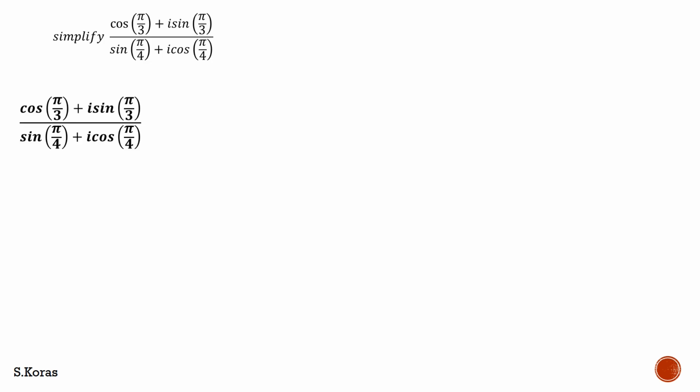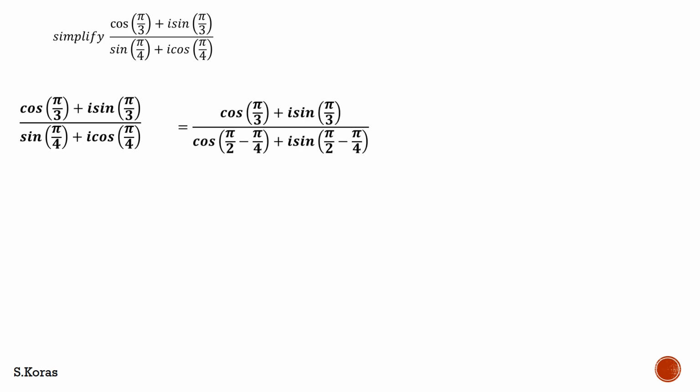You know very well, that is the formula. Sine theta is nothing but cos of 90 minus theta, that is cos of pi by 2 minus theta. So we can write the denominator with cos instead of sine. If you change this to cos, you have to write pi by 2 minus theta, because the formula says cos of 90 minus theta is sine theta.